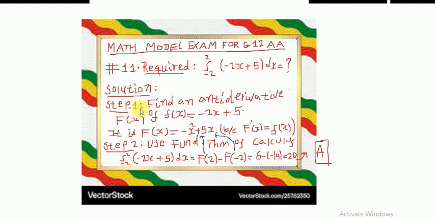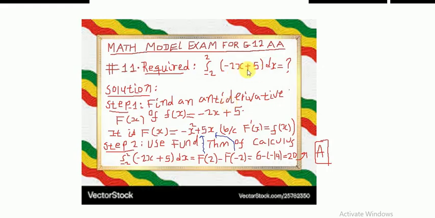First, find an antiderivative of the function under the integral sign, that means the function -2x plus 5. An antiderivative means a function whose derivative is -2x plus 5. What function gives us -2x plus 5 when we differentiate?